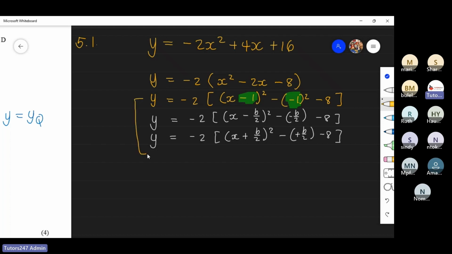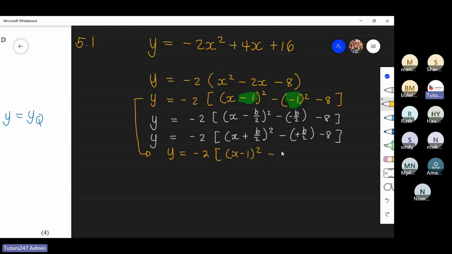From here, all we now need to do is simplify what's within the squared bracket and then multiply -2 into that squared bracket. So let us do that. So from here, we have x minus 1 squared, and then we have -1 all squared becomes +1.